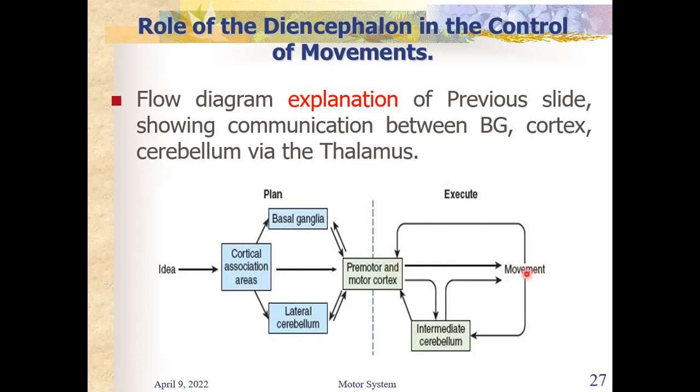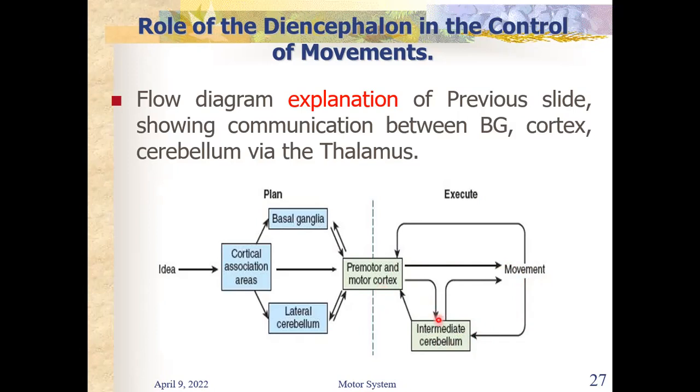As the movement is being executed, there is always a comparator action of the cerebellum. So the intermediate cerebellum will always receive sensory information from the muscle spindles on how the movement is being carried out. As it receives the information, it compares and sends a feedback to the premotor cortex to alert it of what is going on. Is the movement going according to plan?